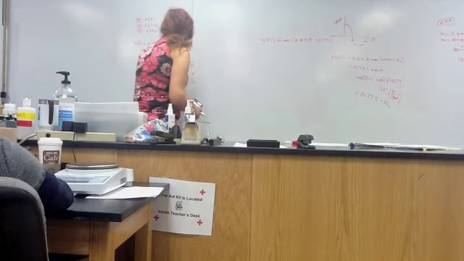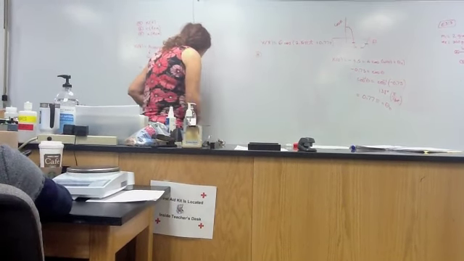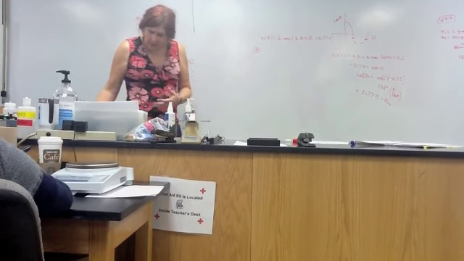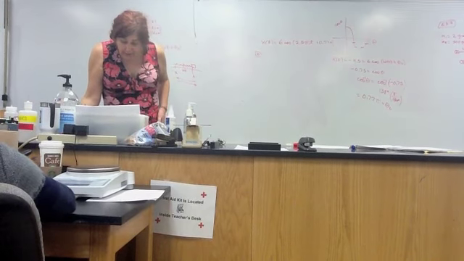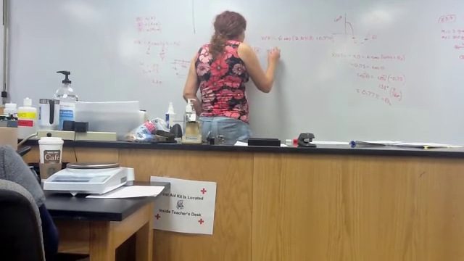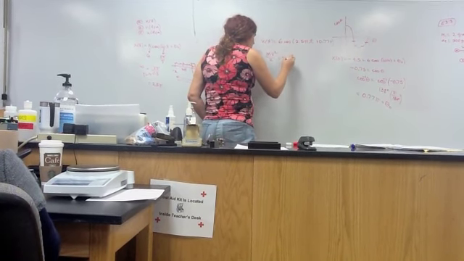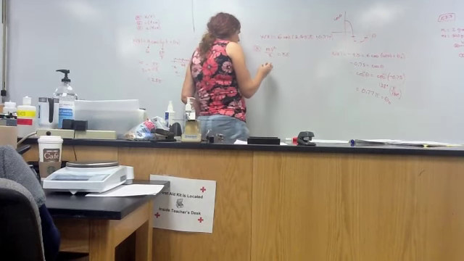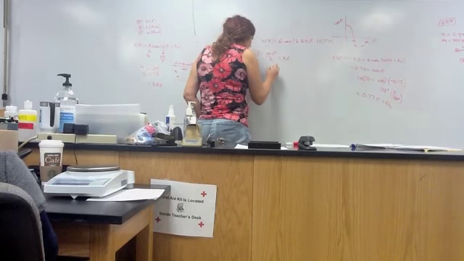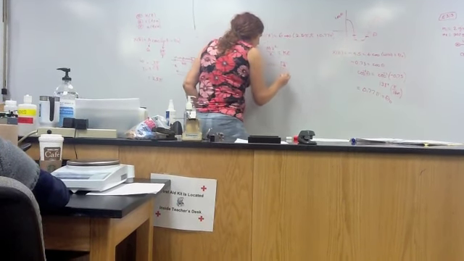Now the second part, we want our velocity when it's at positive 4 centimeters. I think I asked for the kinetic energy, not the velocity. So the kinetic energy is still mv squared over 2. We don't have a mass given to us, but we know that omega is equal to the square root of k over m.